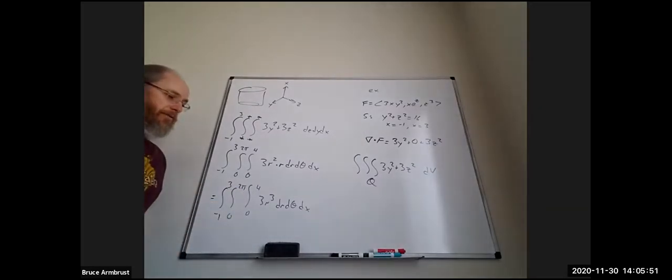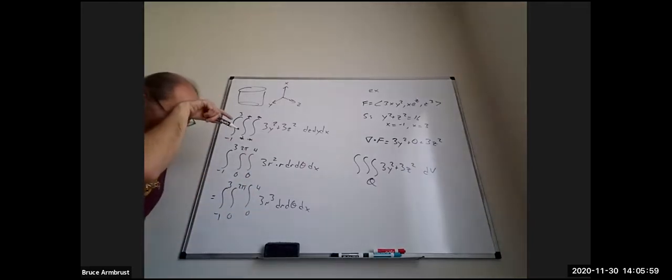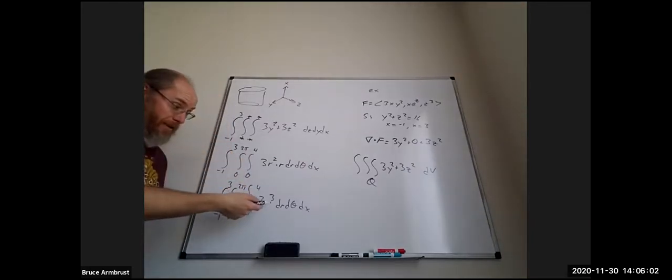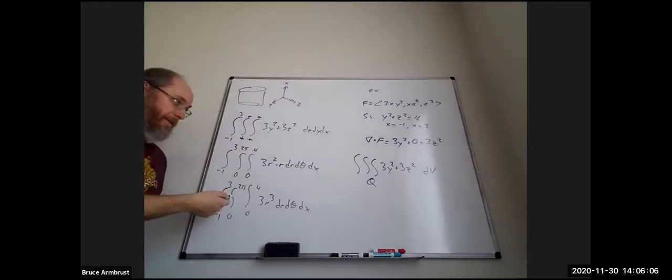This is going to be crazy easy to evaluate. We're going to get r to the 4th over 4, so that's going to be 16 when I plug in 4. 16 times 3 is 48, times 2 pi, so that's 96 pi, times 4.